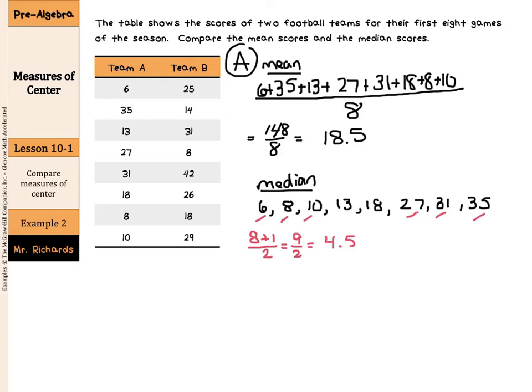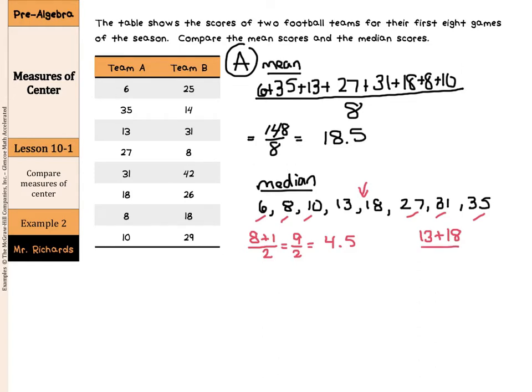Just by our quick cross-off method, the median also turns out to be in between the 4th and the 5th term. So it could really help us out instead of having to cross off when our data gets to be larger.